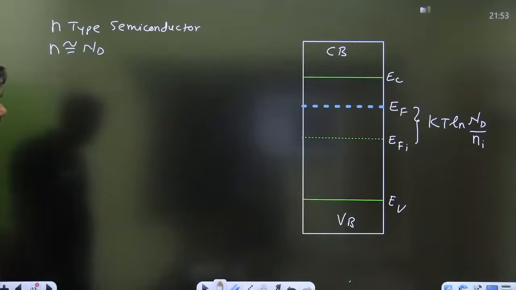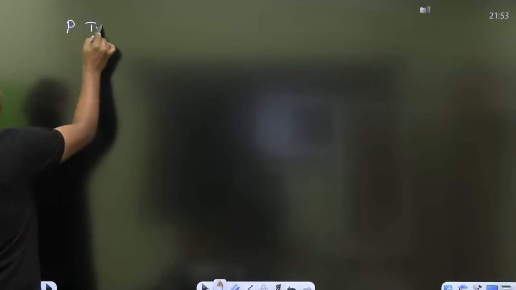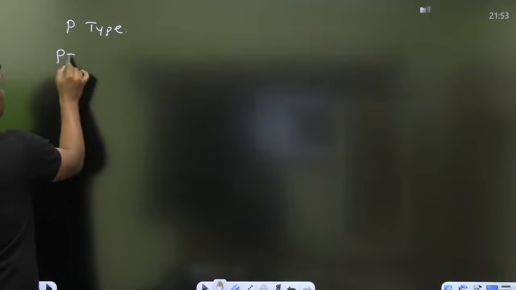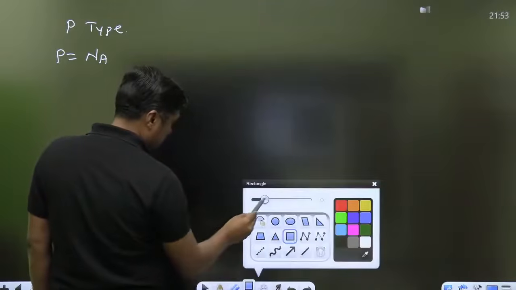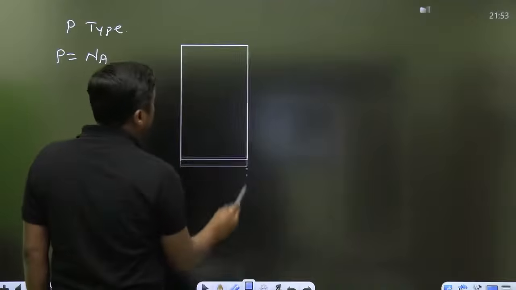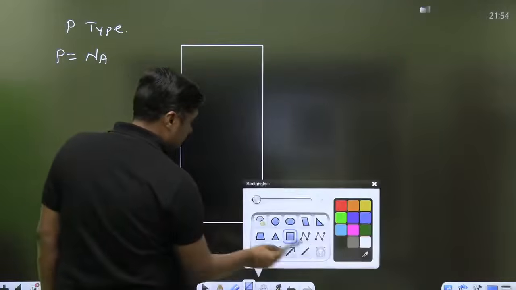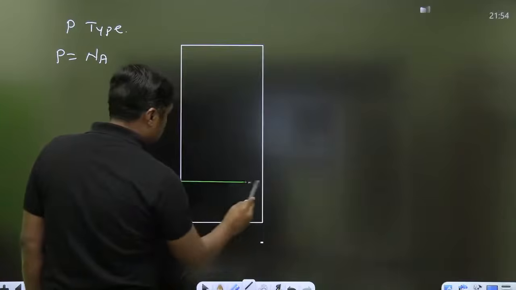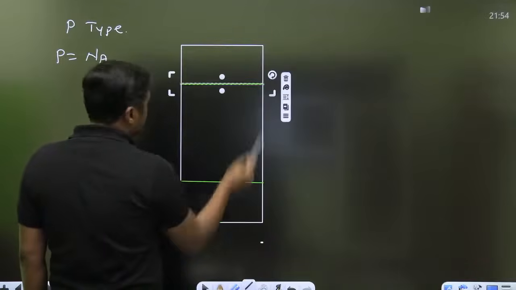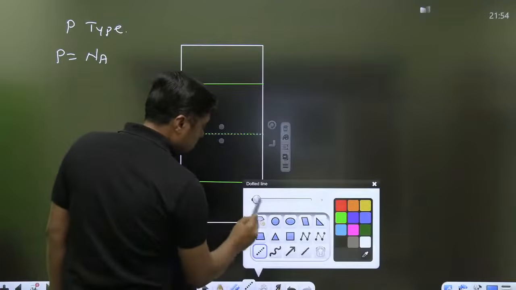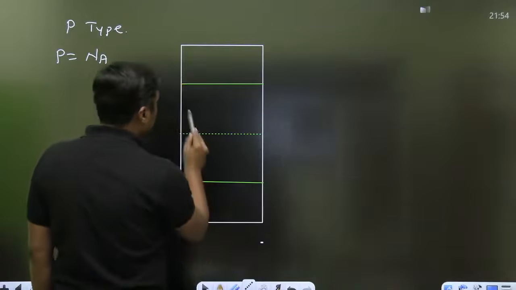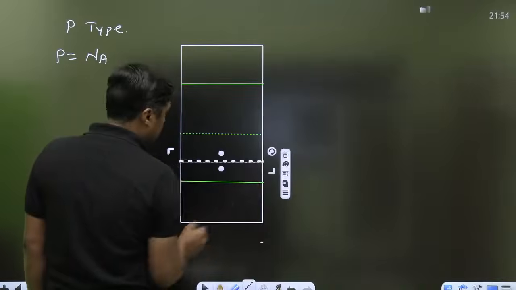Okay. And then second one, for P type, p is equal to Na. This is the intrinsic Fermi level and that is the exact Fermi level here.